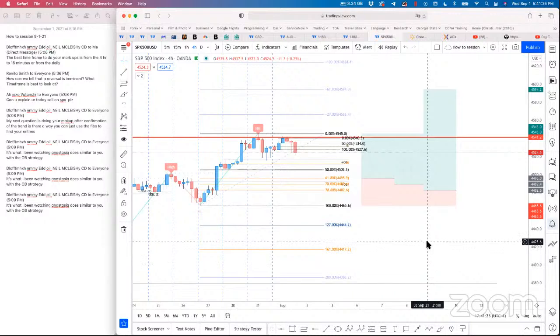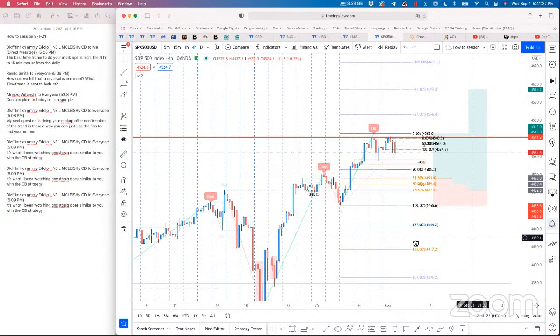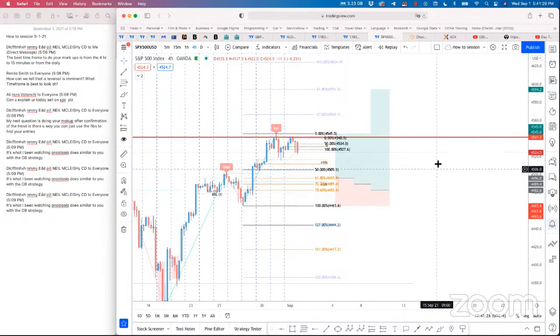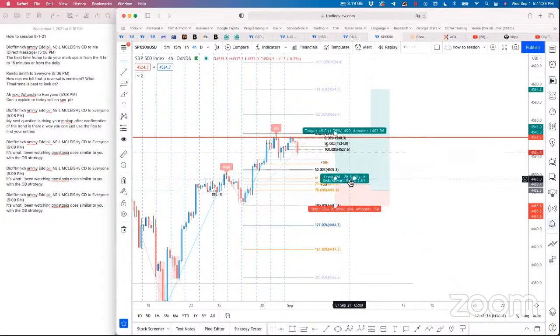Now, the way I would handle this, Neil, is I would measure whatever this is from the entry right here to here. So for this particular trade, the stop loss will need to be 300 pips, right?